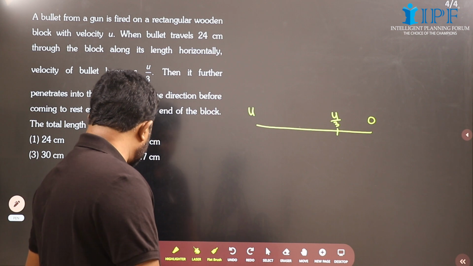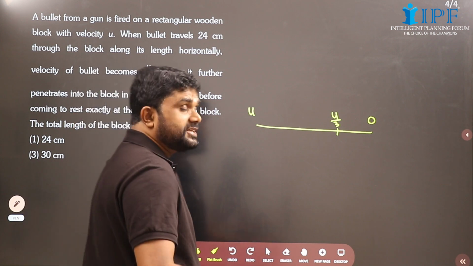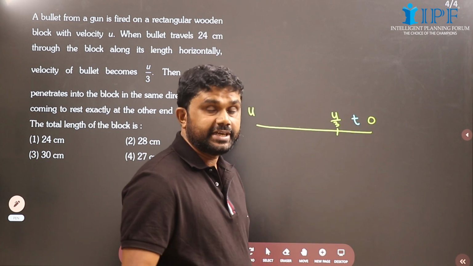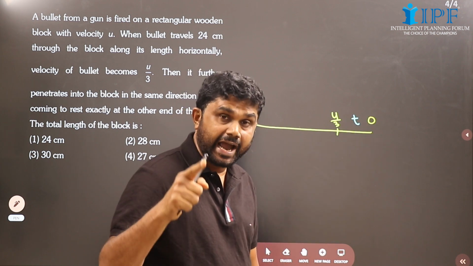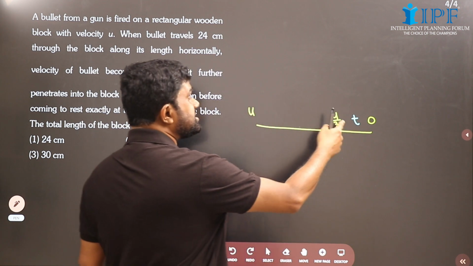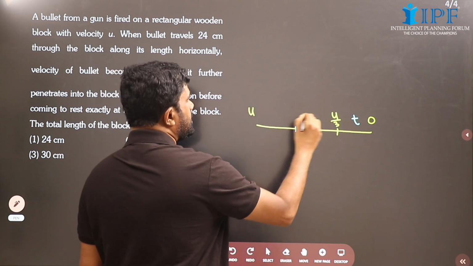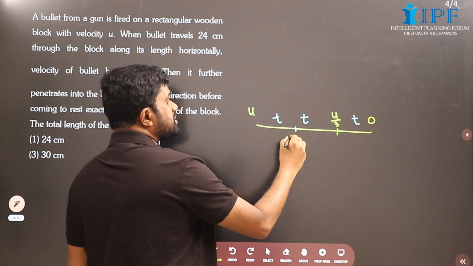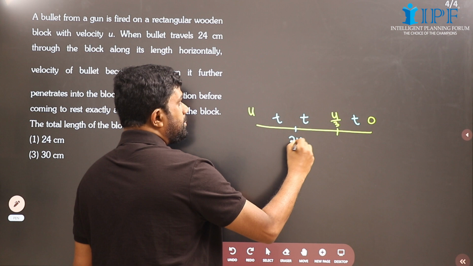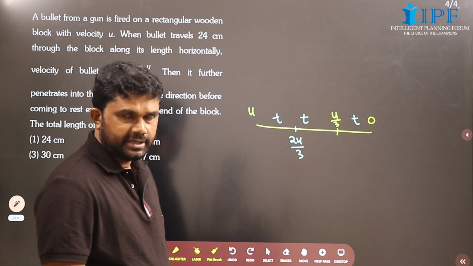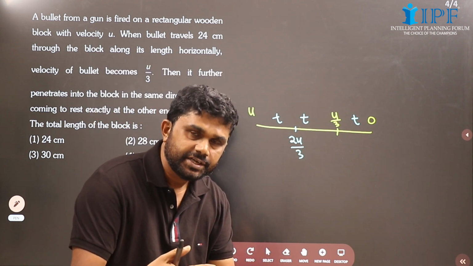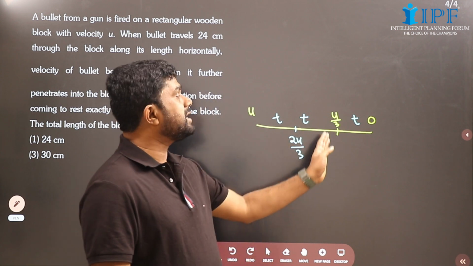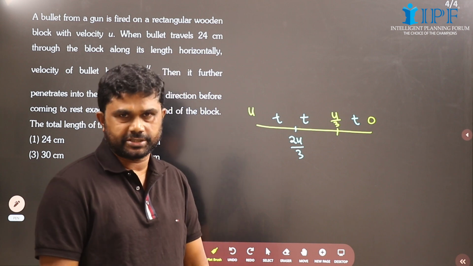Okay, for that, to lose this last u by 3, suppose the time required is 2 t. Then it must have elapsed 2 such intervals earlier. Okay, t and t. During this first t, it loses 1/3 of its velocity and becomes 2 u by 3. In the next t seconds, it will lose another u by 3 and becomes u by 3. Okay, in the last t seconds, it will lose the final u by 3.